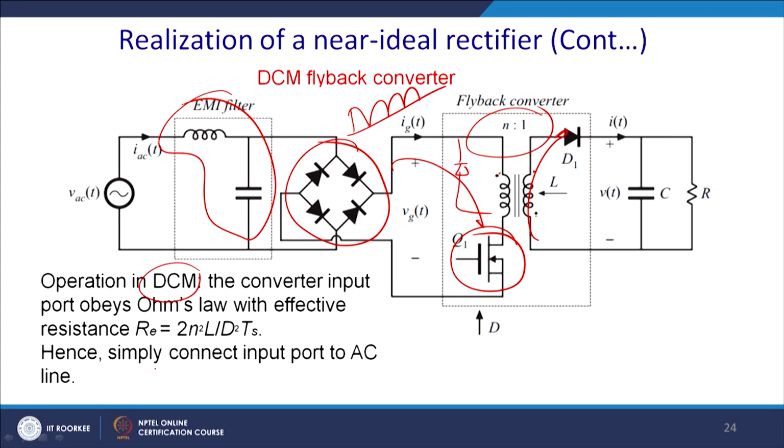Hence, simply connect the input port to the AC line, and the power will be converted. Here you can see that we have violated two things. This has a storage element. We say that a normal converter should not have a storage element, input should be equal to output, but here the input is stored for a very small fraction of time, and thereafter it will be transferred to the output.